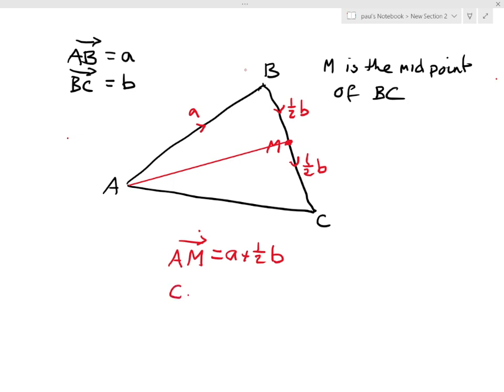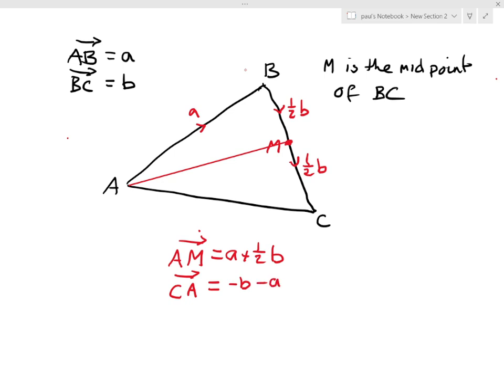The vector CA, last one, just for fun. The vector from C to A. Now we've got two choices. We can go all the way up to B and then down to A, or we could go up to M and down that way because we've just found out what that vector is. So let's do it two ways. So we go all the way up. So we've got half a b and a half a b, which is a whole b. We're going against the arrows, so it's minus b. And then we go against the arrow there, which is minus a.